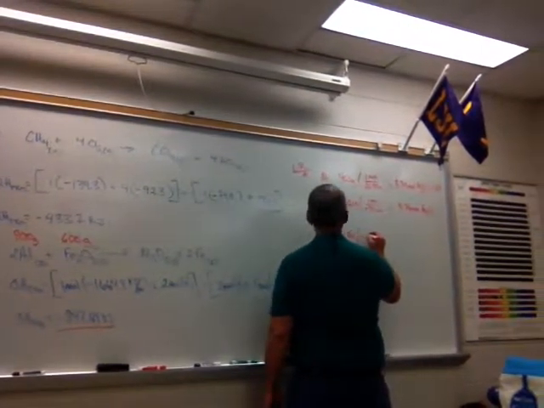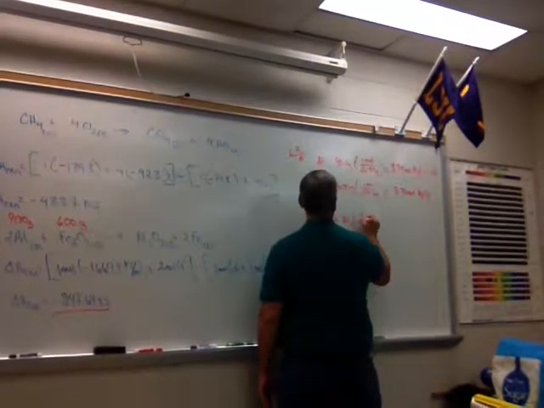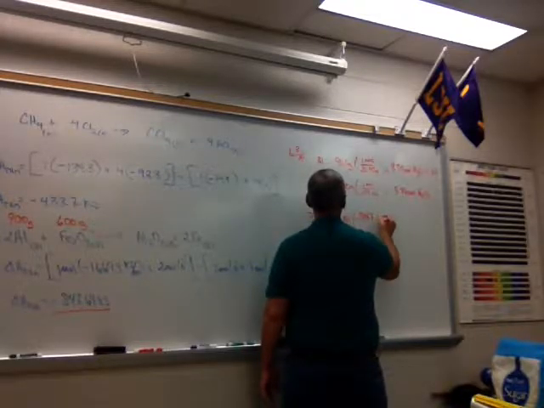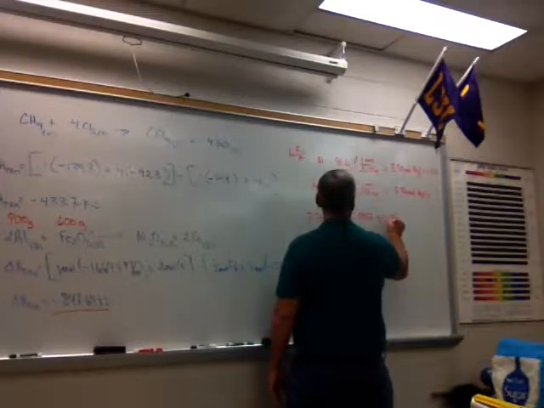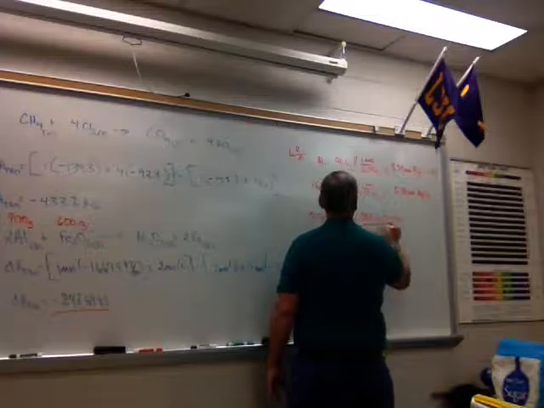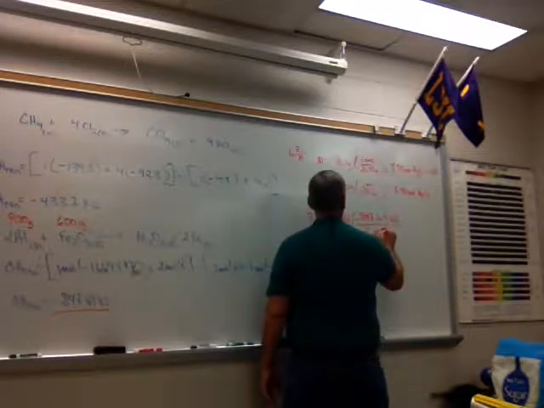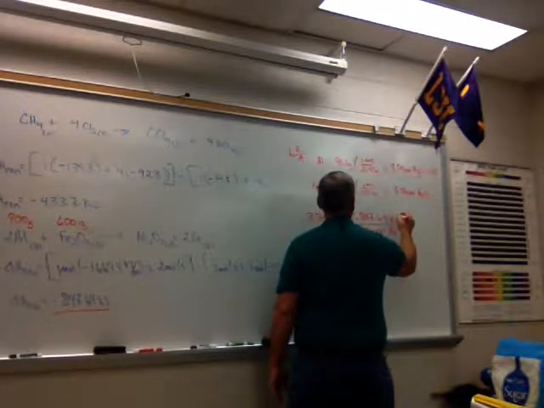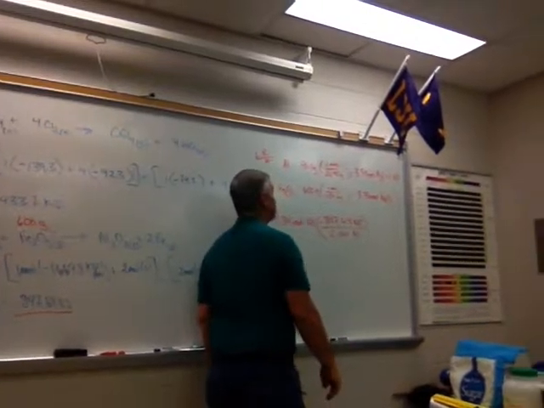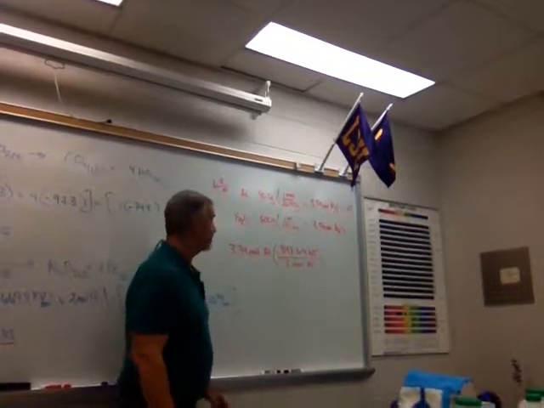So we're going to say negative 847.64 kilojoules, but that's per 2 moles of aluminum. And that's going to tell me the total amount of energy that's released.